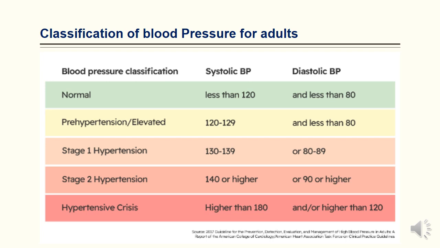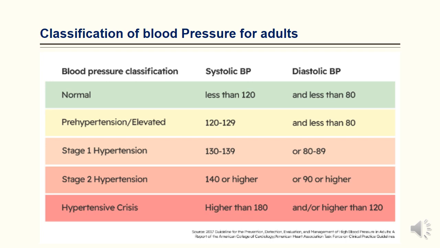We can see blood pressure classified as normal, pre-hypertension, stage 1 hypertension, stage 2 hypertension and hypertensive crisis. The range of systolic and diastolic blood pressure is also noted in this slide.